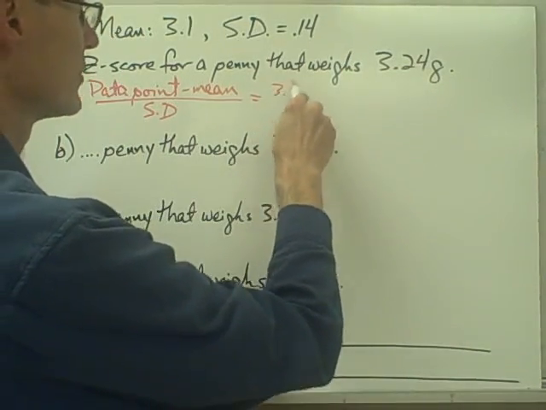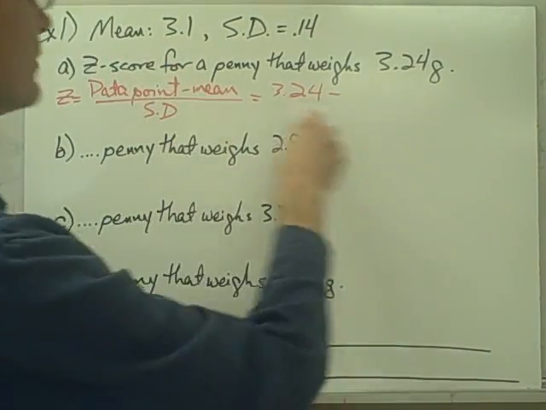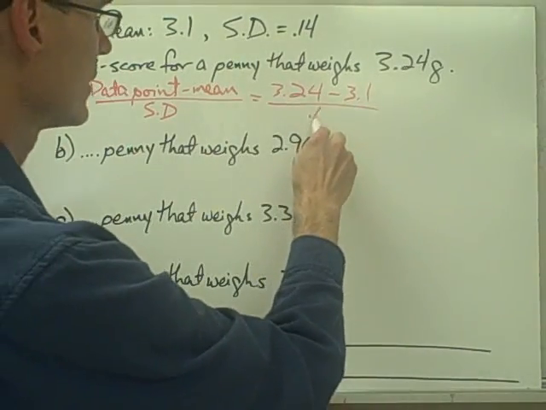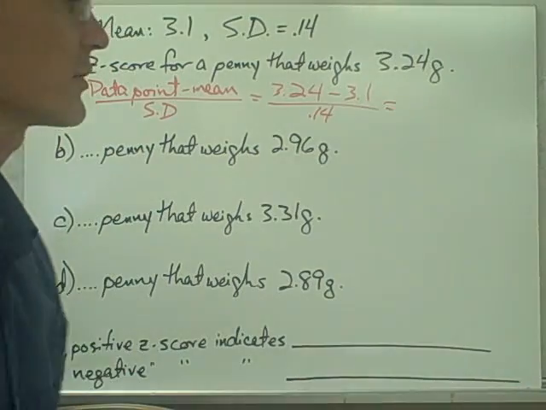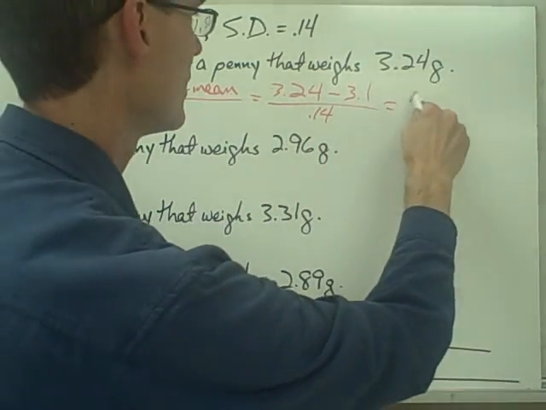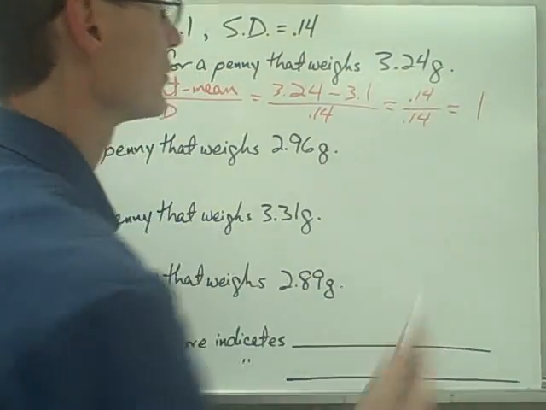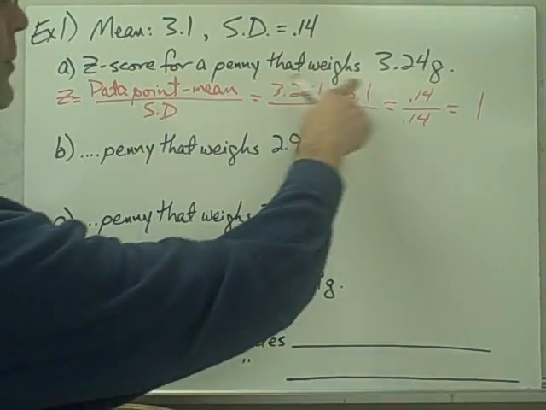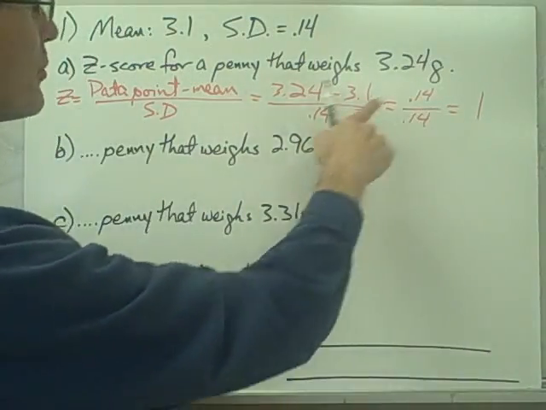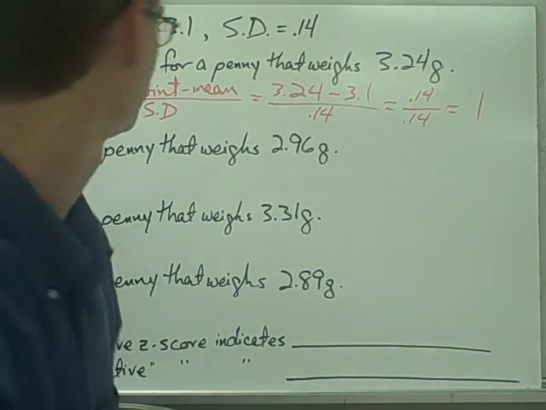So that's 3.24 minus the mean, which I'm told is 3.1, divided by the standard deviation, which is 0.14. And now I just have a little bit of arithmetic to do. 3.24 minus 3.1 is 0.14, divided by 0.14, and that equals 1. So the z-score for a penny that weighs 3.24 grams is 1. That tells me that a penny that weighs 3.24 grams is exactly 1 standard deviation above the mean.